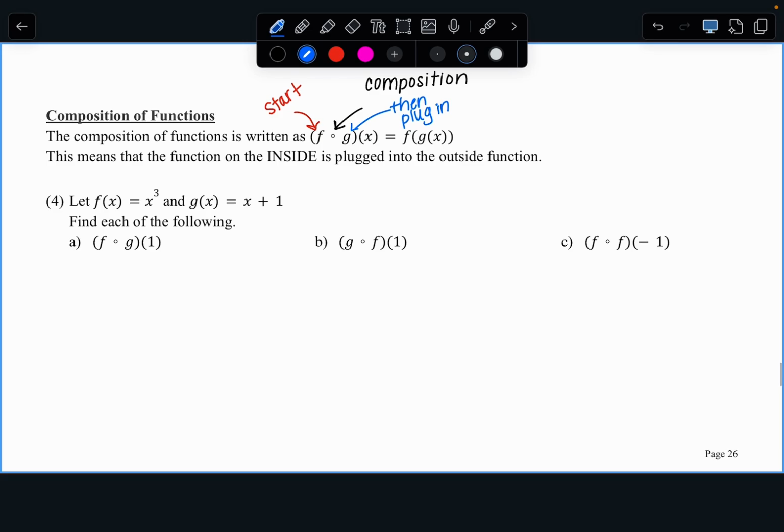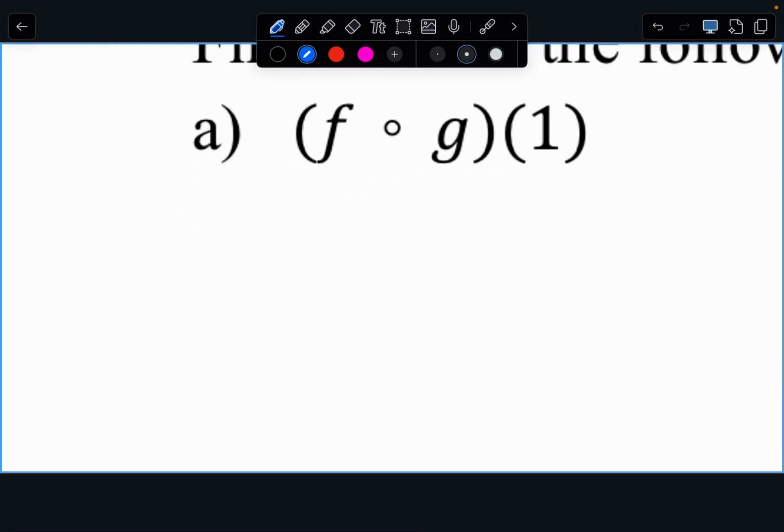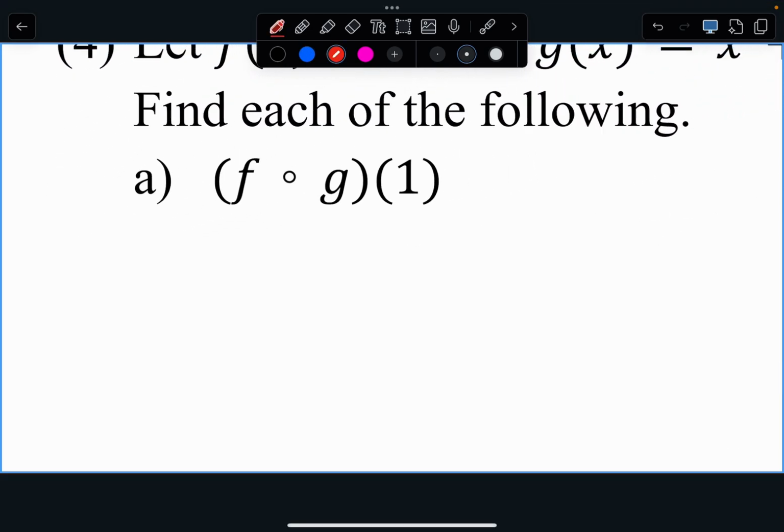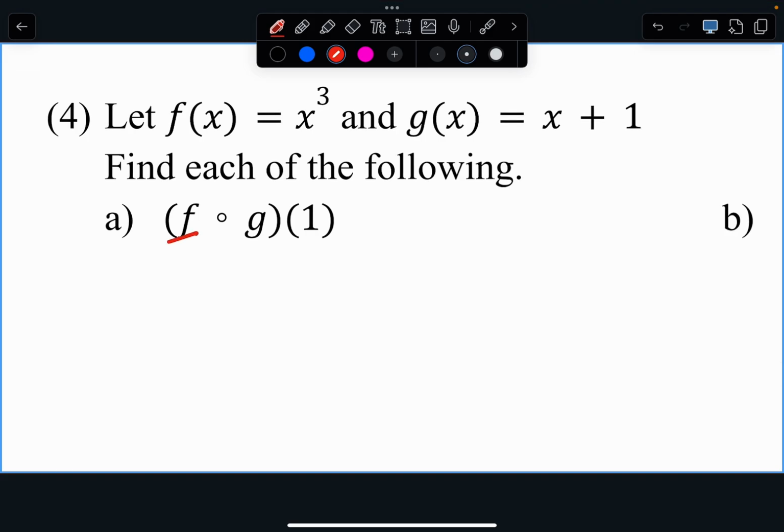Okay, so let's try that. We are going to start with the function f. But instead of an x, I'm going to put that highlight again. So we've got x to the third.